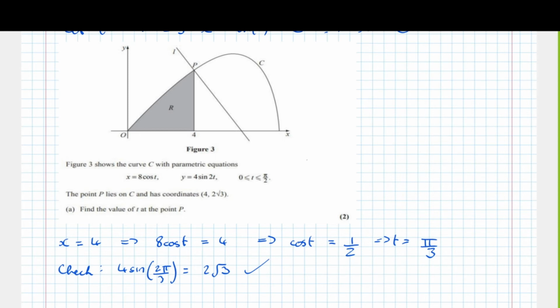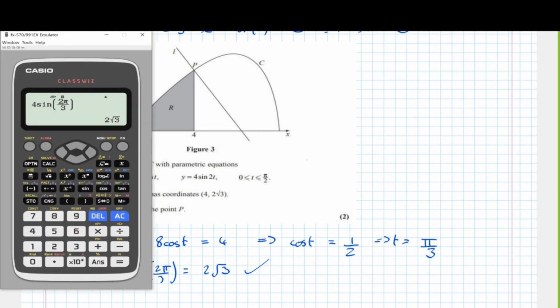Now the reason I did that check, just to explain, t equaling pi over 3, well actually t equals 5 pi over 3 would also give x equals 4. Let's see, 8 cos of 5 pi over 3 gives x value 4 as well. So let's sub it into the sine and see if that actually does give us the y value that we want.